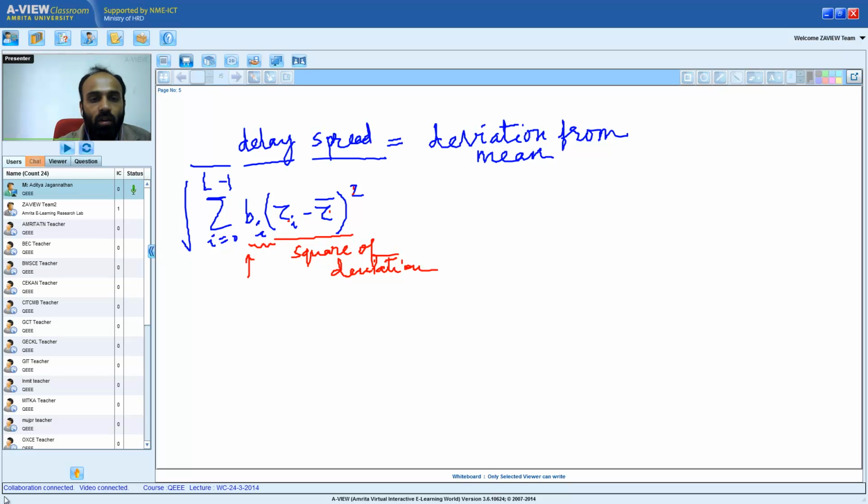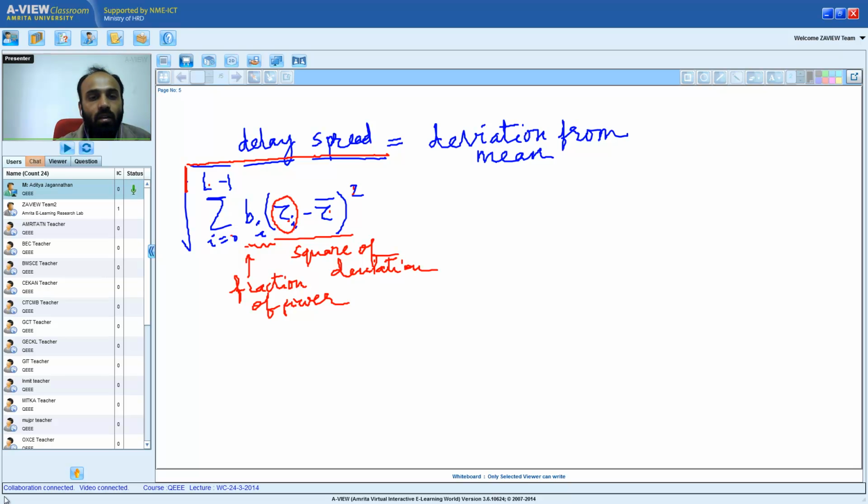What is Bi? Bi is the fraction of power. I'm performing the summation i equal to 0 to L minus 1, and then taking the square root. This is nothing but the standard deviation. Everyone can remember this is the standard deviation.